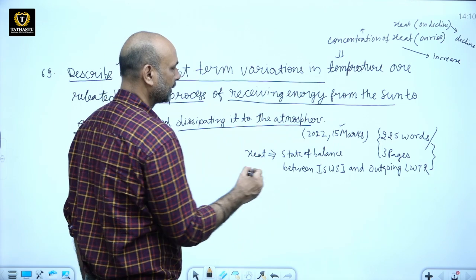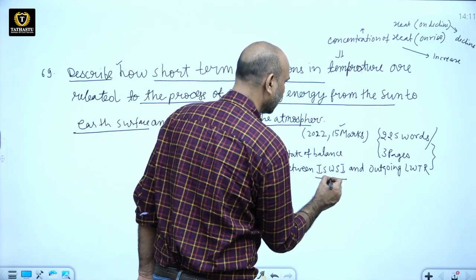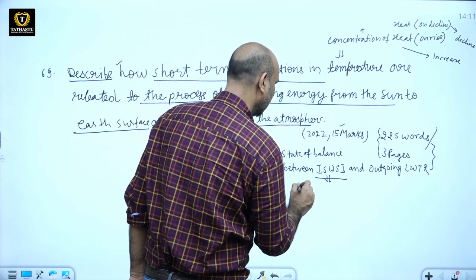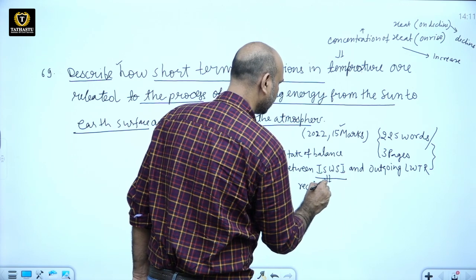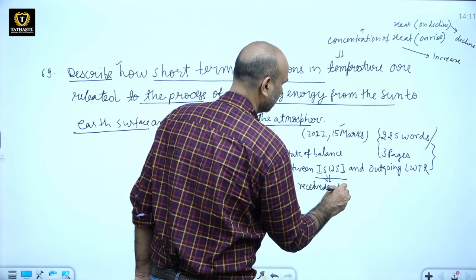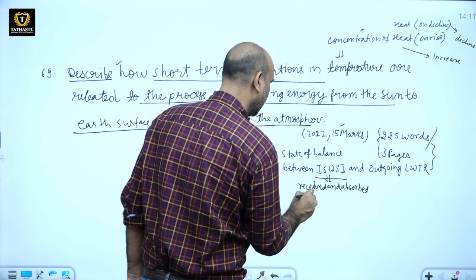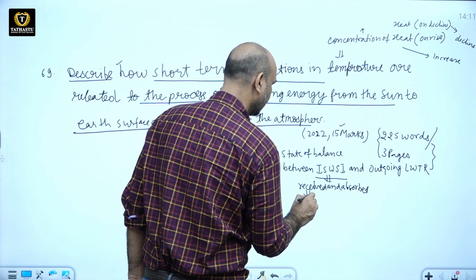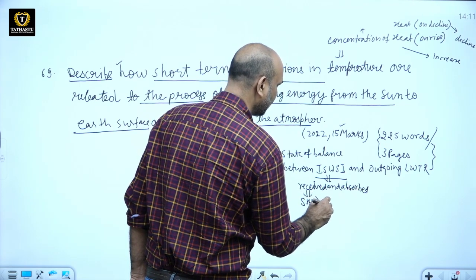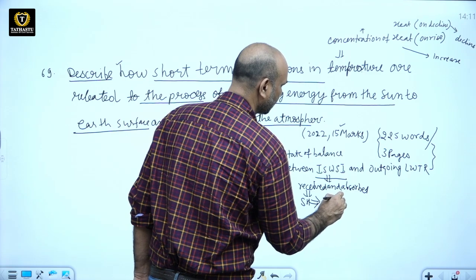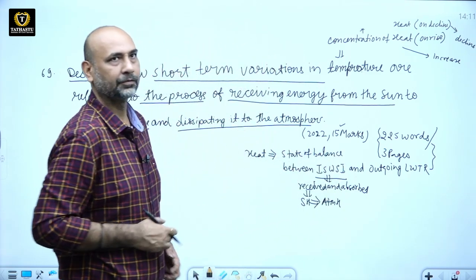Remember that incoming shortwave solar insolation received and absorbed is source of surface heating, and surface heating is source of atmospheric heating. Yesterday I have already taught you.